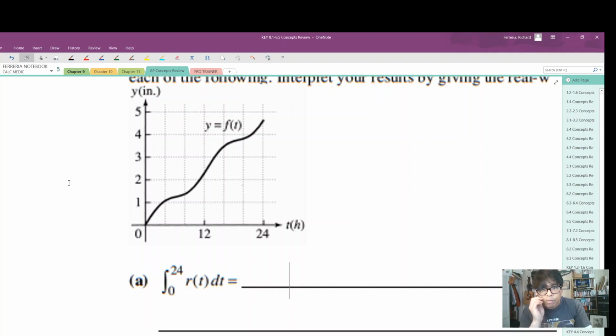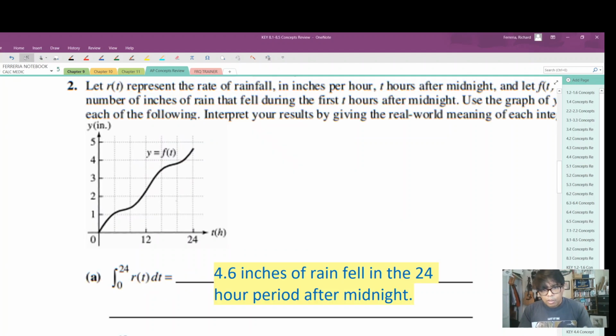So the integral of R from 0 to 24 is the same thing as F of 24, which is about 4.6. I should point that out on the graph. You can see F of 24 here, a little bit up above 4.5, so about 4.6.